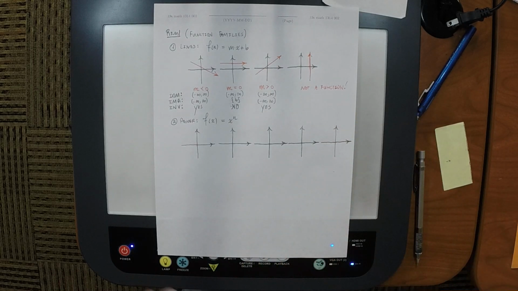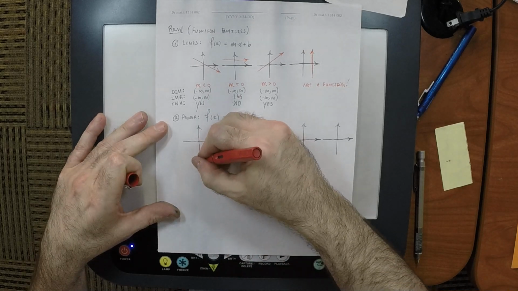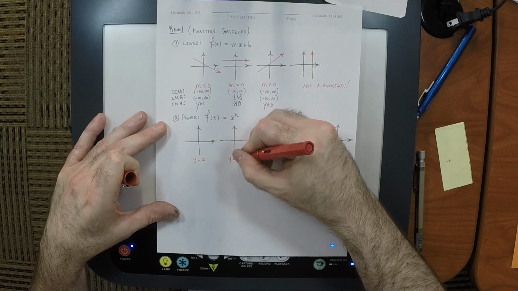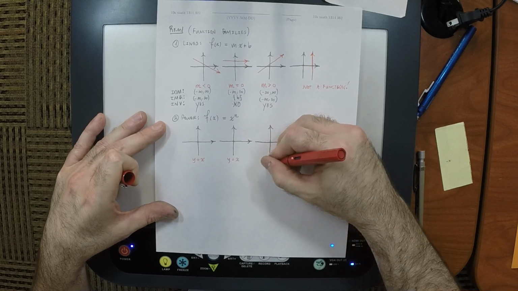Then underneath them I'm going to write y is x for all of them, and then I'm going to come back and add something.